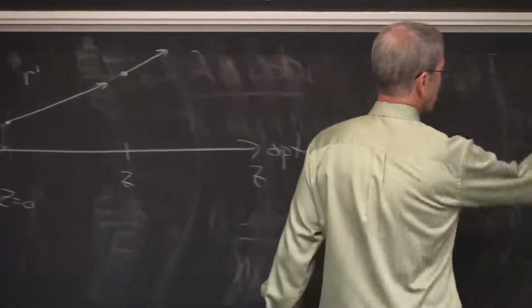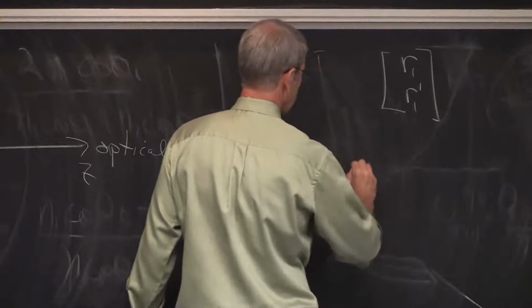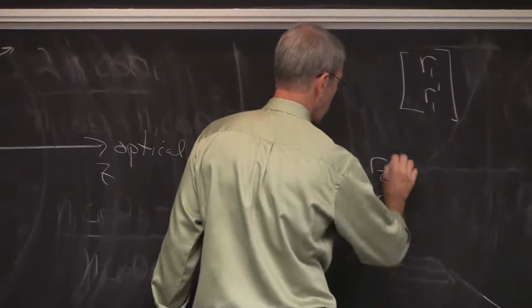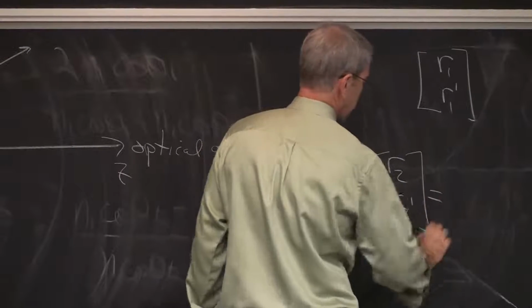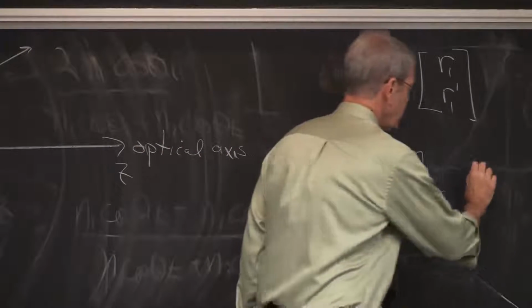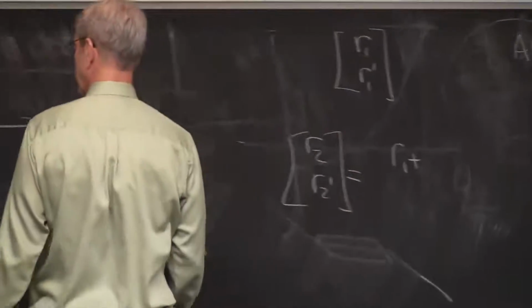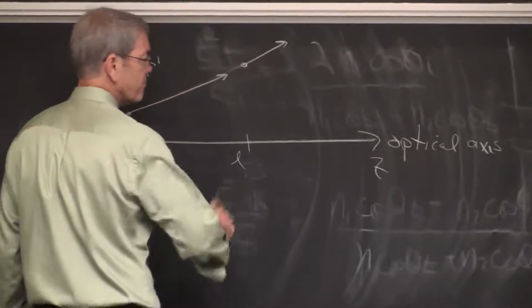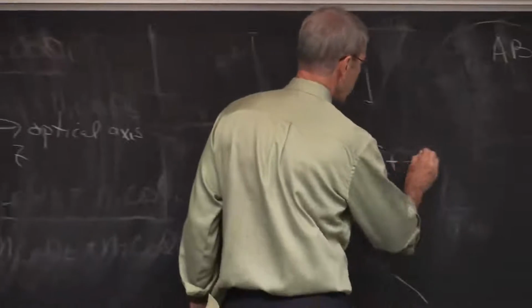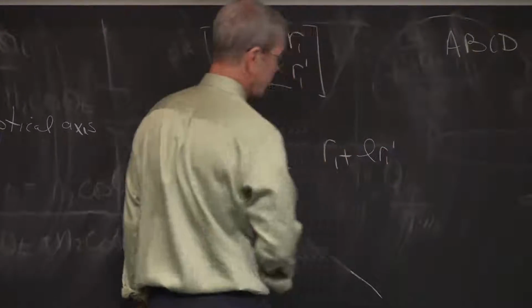I know that if I call this R1, I would say R2 must equal R1 plus, let's make this a distance L, just to be fun, L, plus L times R1 prime.